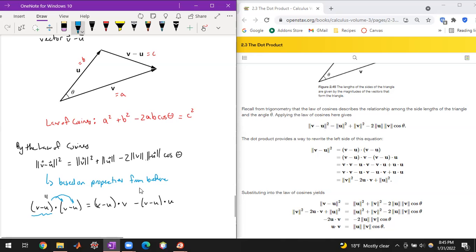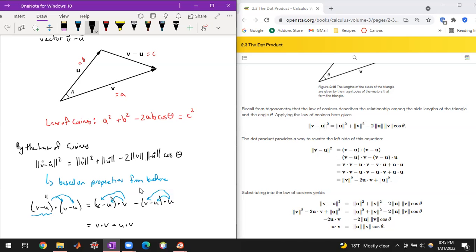Then I'll do that distribution once more, this time from the right-hand side, distributing the v in this way and the u in this way. Okay, so this is going to give us v dotted with v, minus v dotted with u, or rather, since the u is first, we can't take advantage of our commutative property just yet.